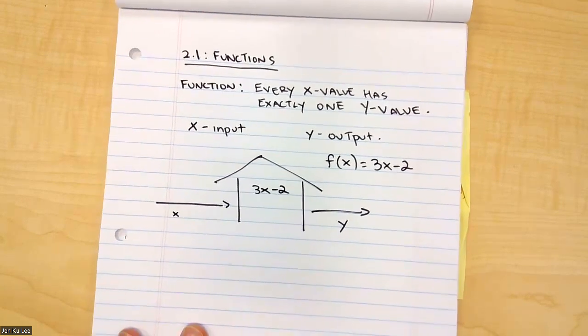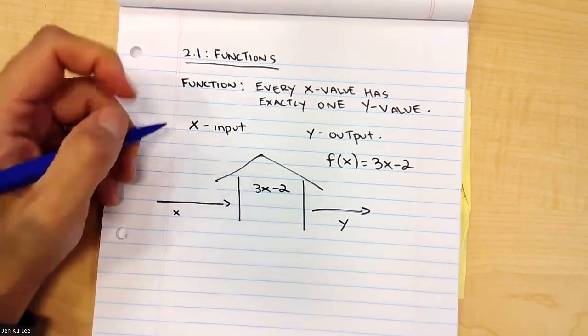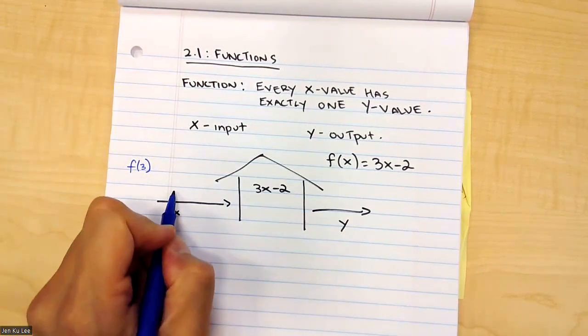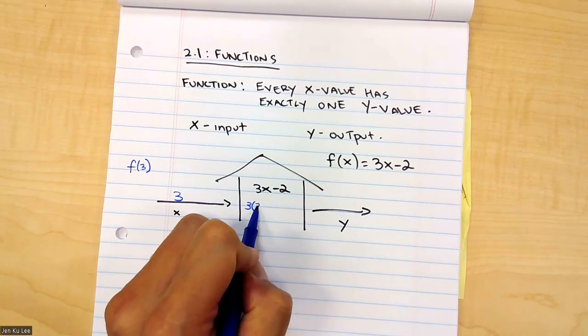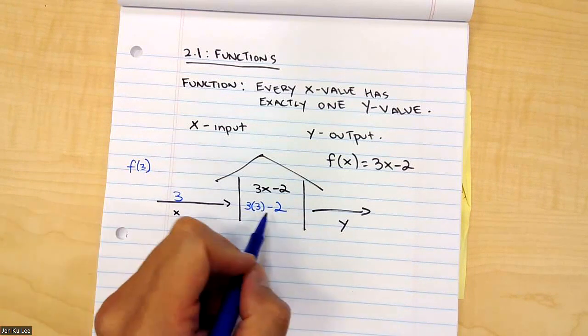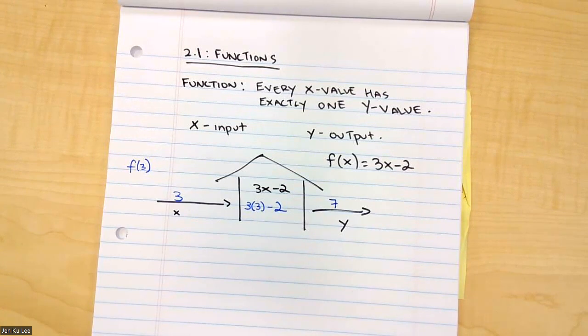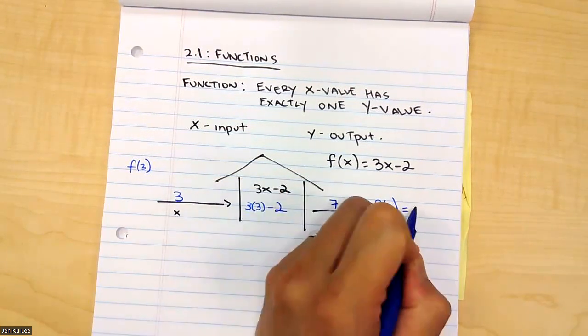So if I wanted to get f of 3, for example, I would plug in 3 into here, and it would be 3 times 3 minus 2. So that's 9 minus 2, that's 7. So a 7 pops out. Okay? So f of 3 equals 7.